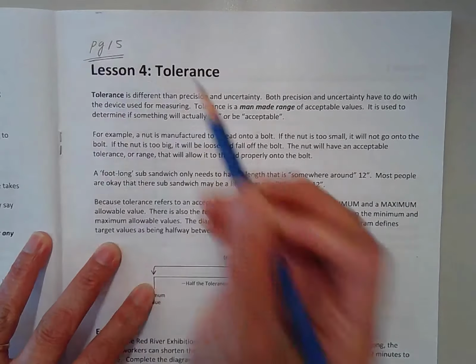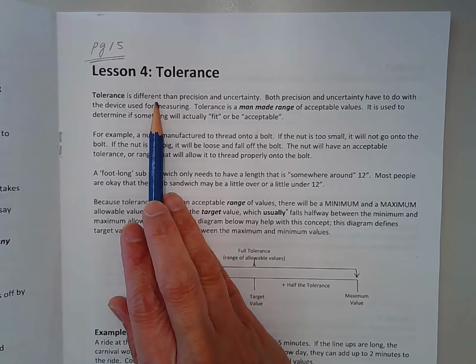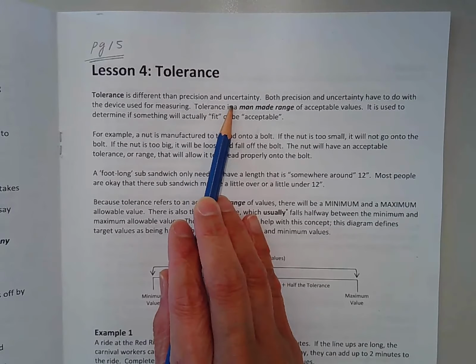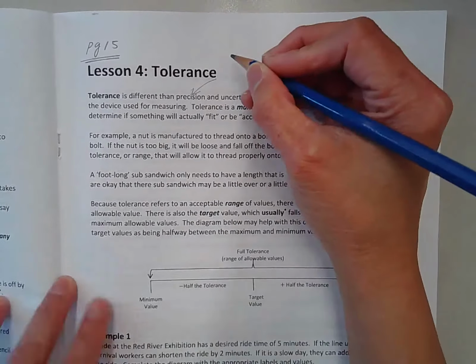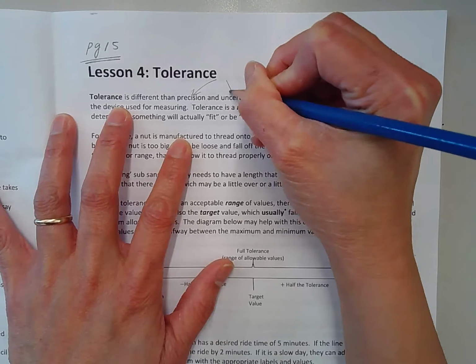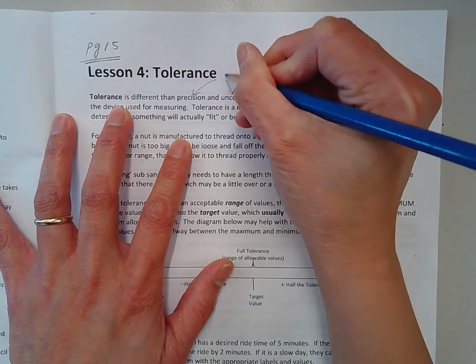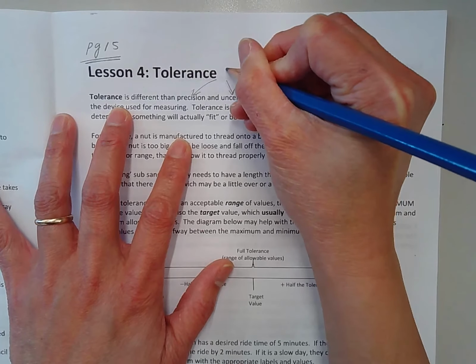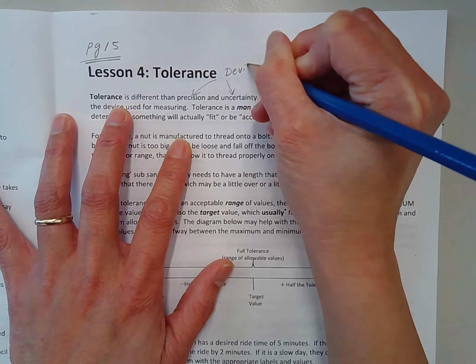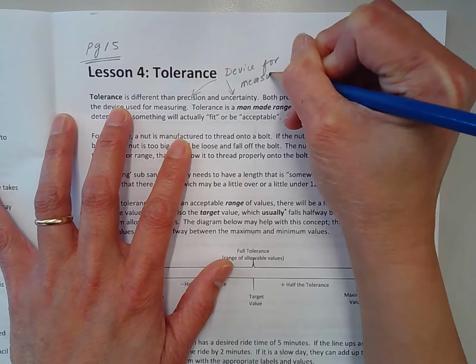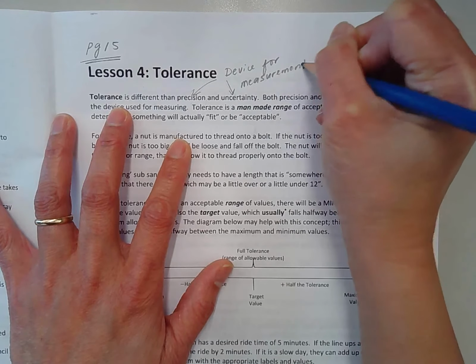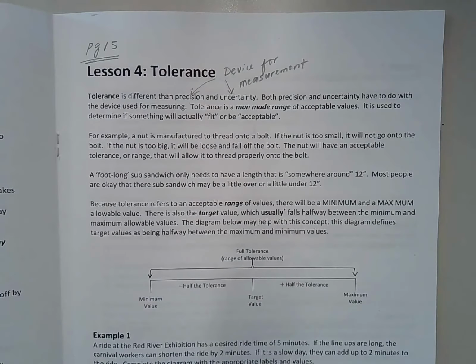So tolerance is different than precision and uncertainty. Because when we talk about precision, remember this is an uncertainty. Both of these have something to do with the device for measurement. Right? So the measuring device, the ruler, how fine the ruler is, how many tick marks there are.